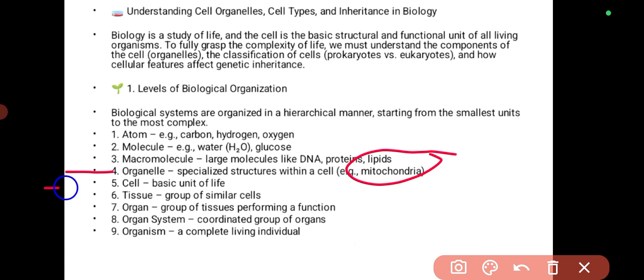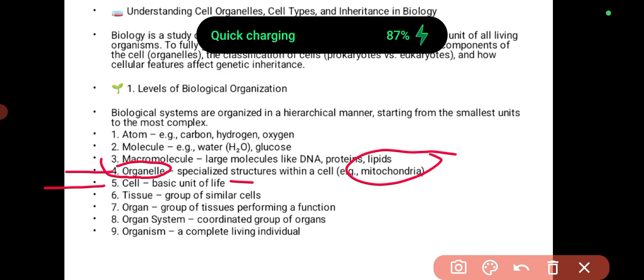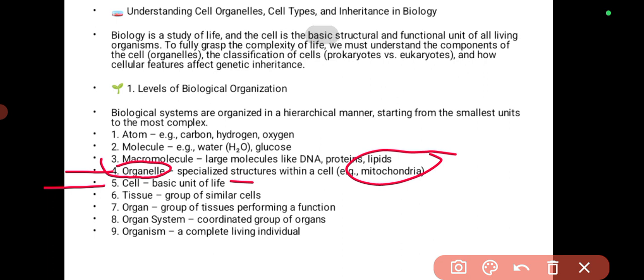Then the cell is the basic unit of life, which is formed from a group of organelles. Do you understand? An aggregation of organelles are bound together within the structure and they are performing functions, making the organism thrive at the end of the day. Of course, they also perform all life processes via the actions of the organelles. So we call that basic unit the cell.